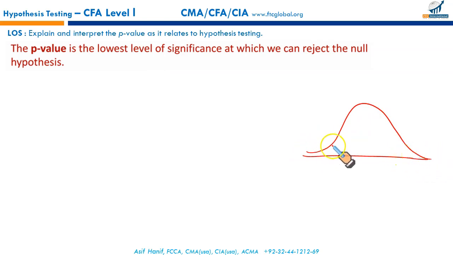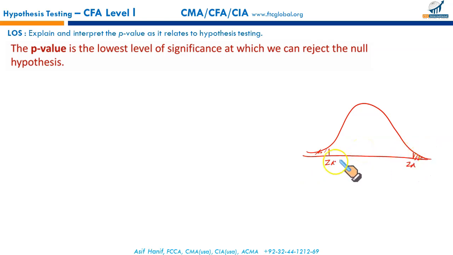So this region here, the area, let's say this is denoted by Z alpha. So the area to the left of Z alpha is the p-value, or this is the left tail test, or it's the right tail test, and let's say this is Z alpha. So in this case, the area right of Z alpha is the p-value.